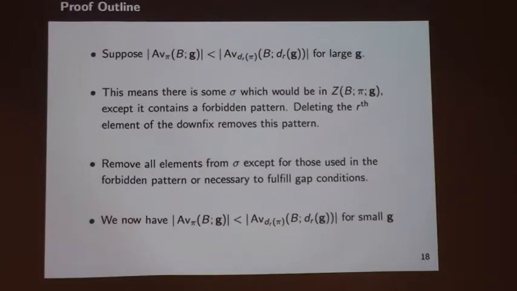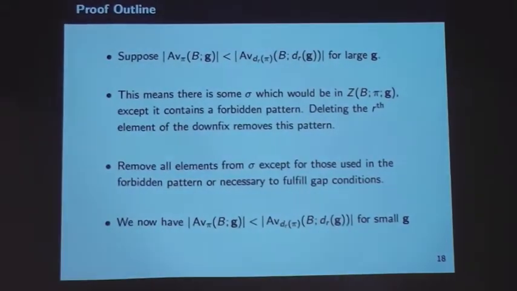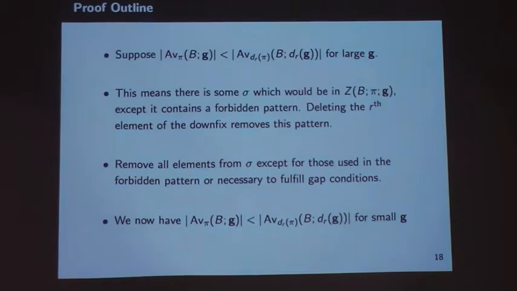In other words, suppose that after you deleted this downfix element, you ended up deleting the one occurrence of a forbidden subpattern, and there's a new permutation that now doesn't contain any forbidden subpatterns. Suppose that's true for a large G that's larger than the bound that we have to exhaust up into.